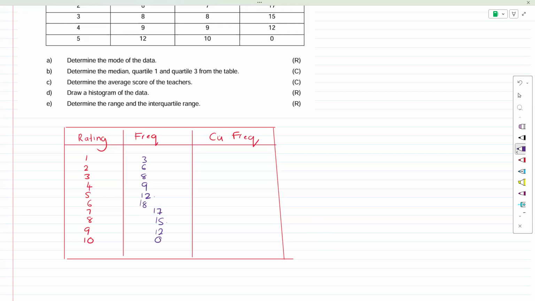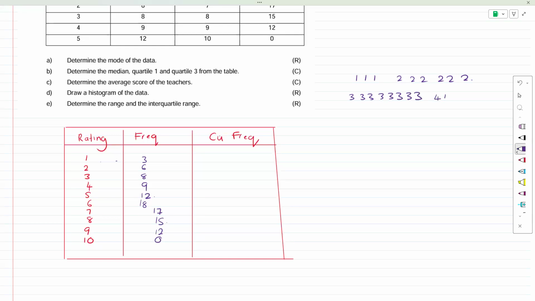Now, what does frequency mean? The fact that a rating of 1 has frequency 3 means there's 3 ones. There's 6 twos. There's 8 threes. I just wanted to show you what frequency means.